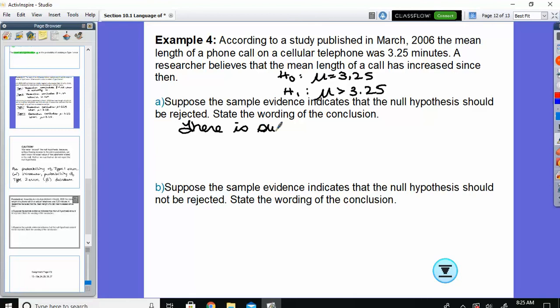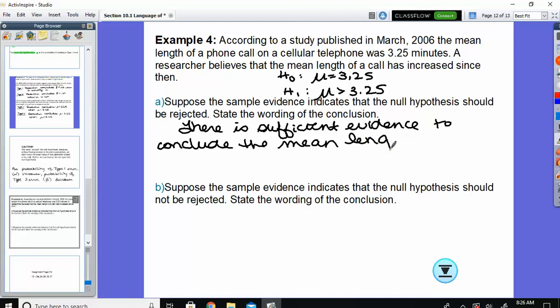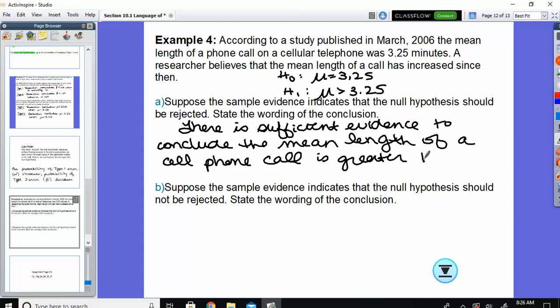So we'll just say there is sufficient evidence to conclude the mean length of a cell phone call is greater than 3.25 minutes.